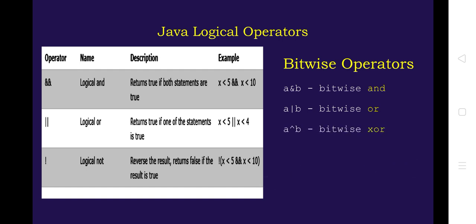Then a ^ b, the caret symbol, denotes the xor value, and this tilde symbol ~a means bitwise not. So this is how the bitwise operators work in Java. The logical operators can be applied as a whole, or they can also apply as bitwise.